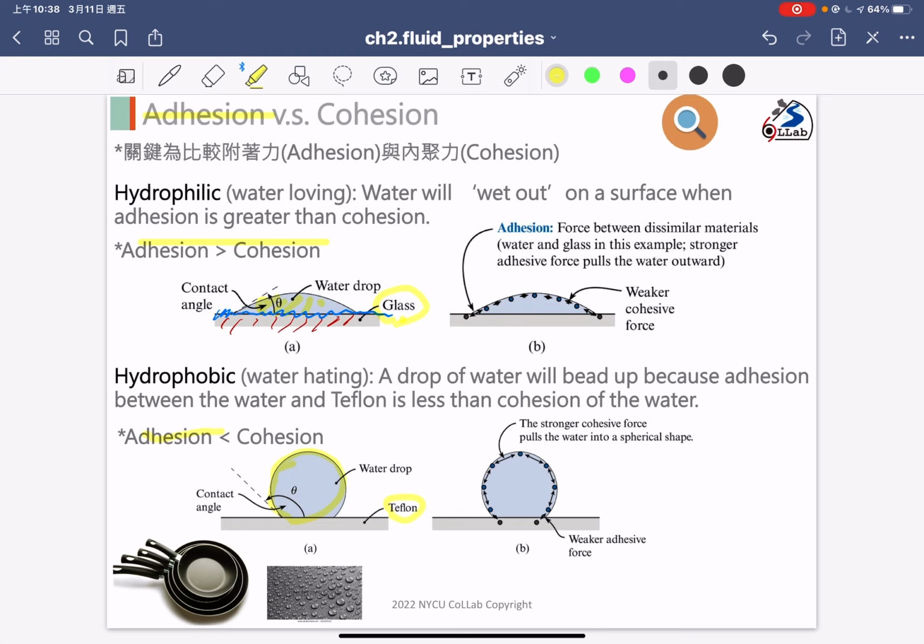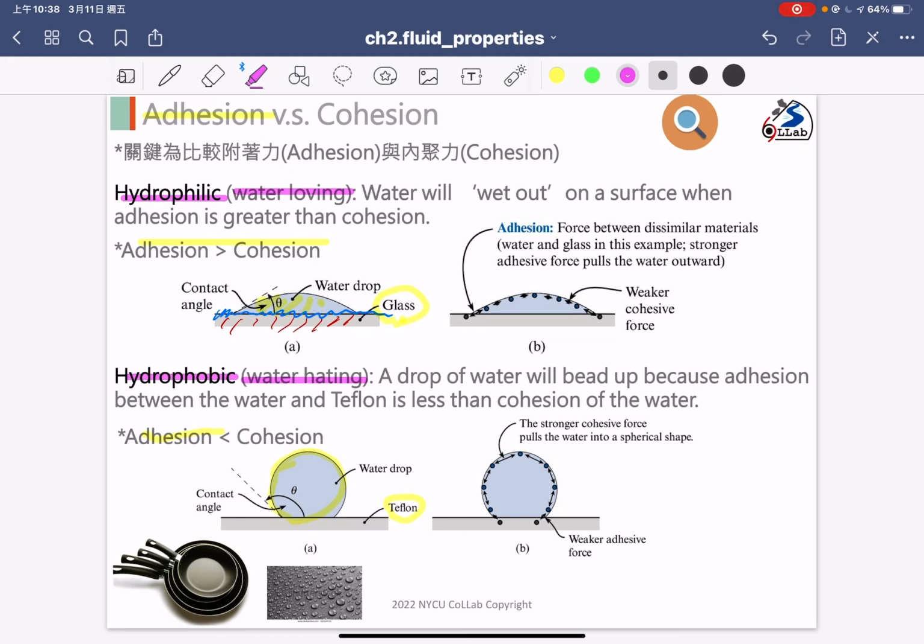For the above case, we call that water loving, and the bottom is water hating. There are some words we can use, hydrophilic or hydrophobic, but they are too similar and difficult to remember, right? So usually I just remember water hating or water loving.